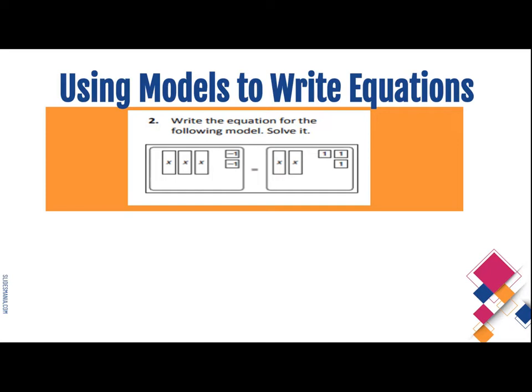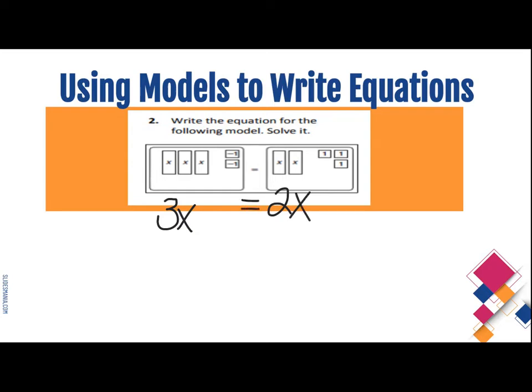Here we have a picture of some bars and some little squares. The bars represent x's and the little squares represent the constants or the values. So I'm going to change this into an equation. This says 3x and this one says 2x.